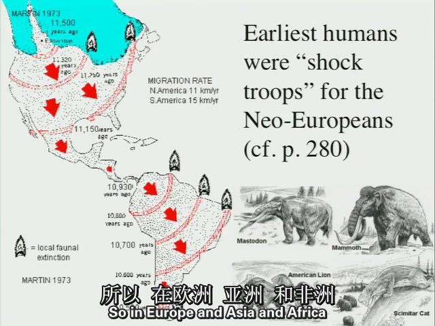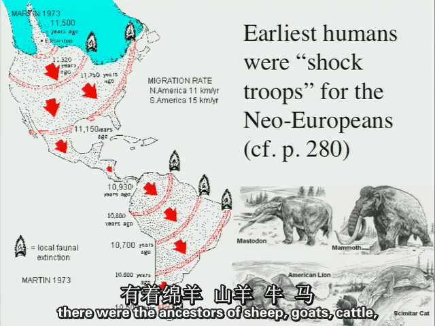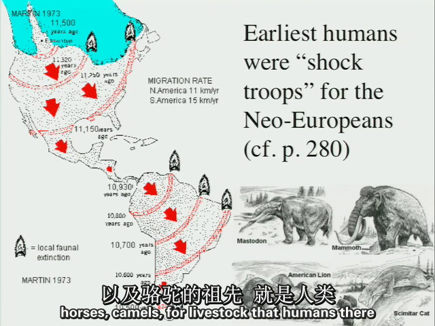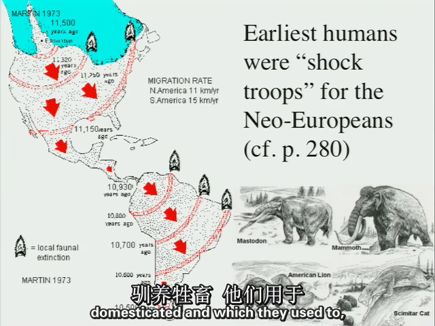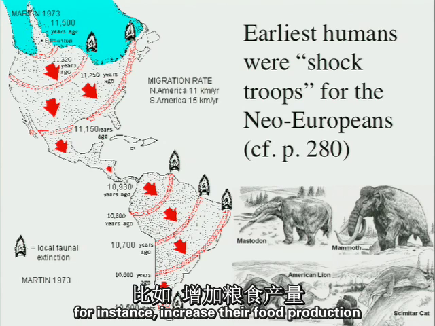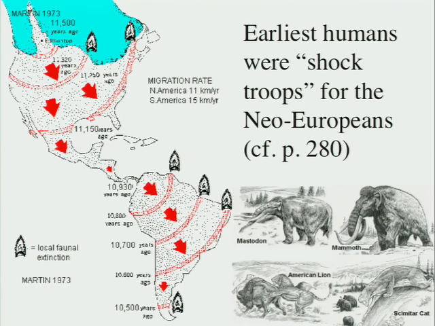Right? So in Europe and Asia and Africa, there were the ancestors of sheep, goats, cattle, horses, camels. The livestock that humans there domesticated and which they used to, for instance, increase their food production.